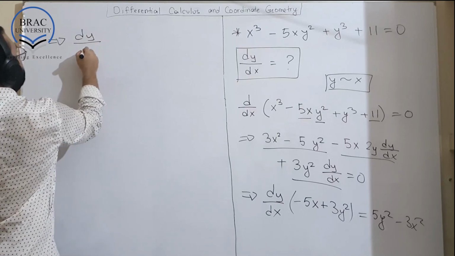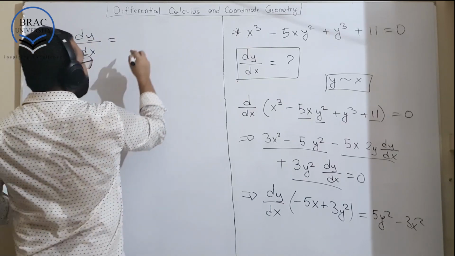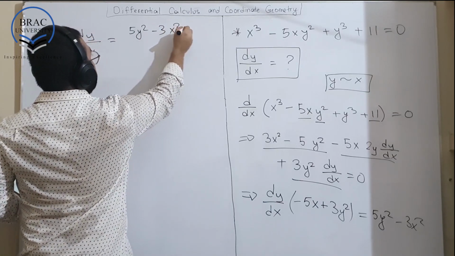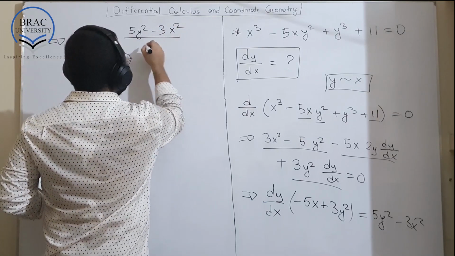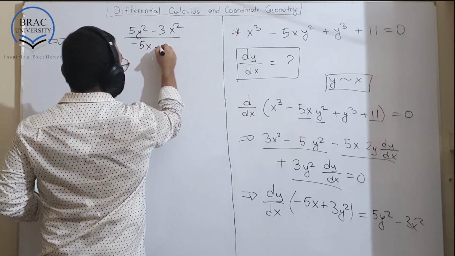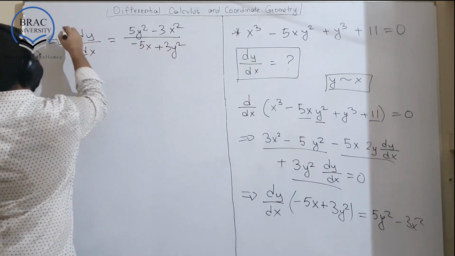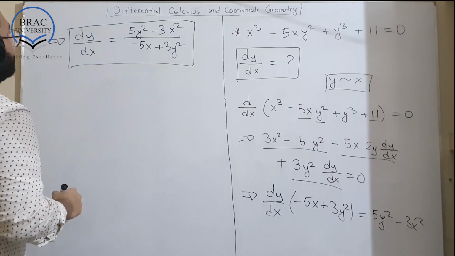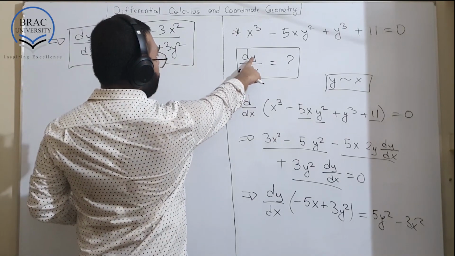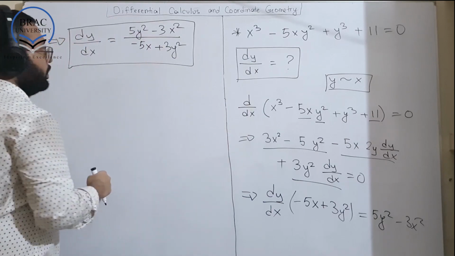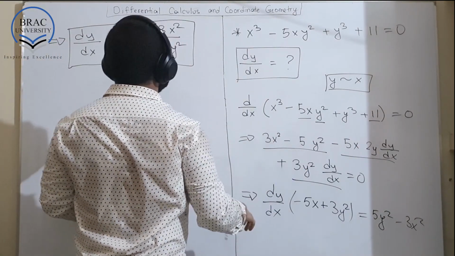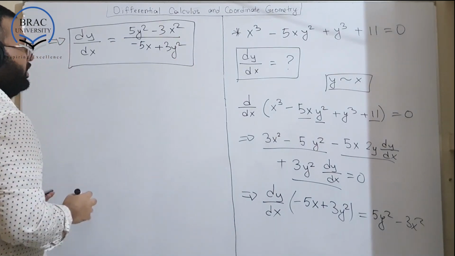So dy/dx would be 5y squared minus 3x squared divided by minus 5x plus 3y squared. This is the derivative of y with respect to x. The procedure we did is called implicit differentiation.